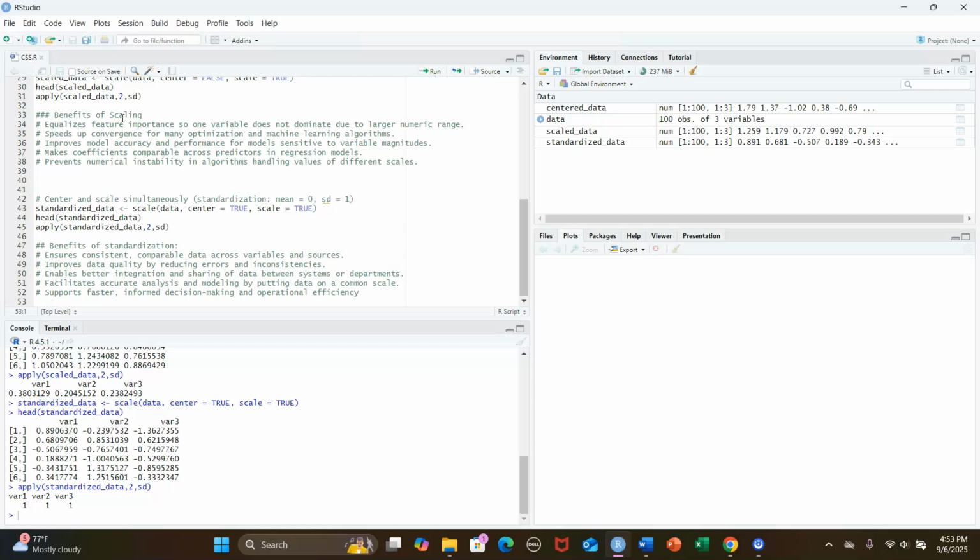These are some simple pre-processing steps that provide benefits to subsequent downstream data analysis, and you can do all of this using the R function scale.